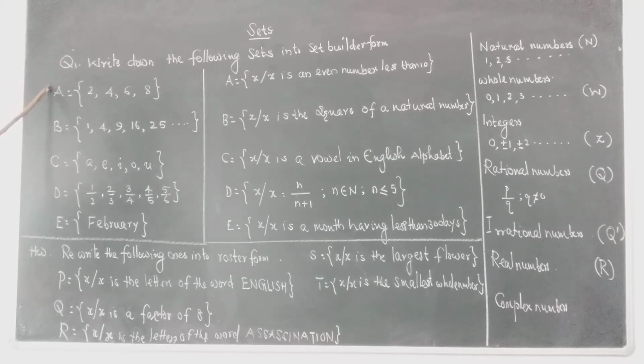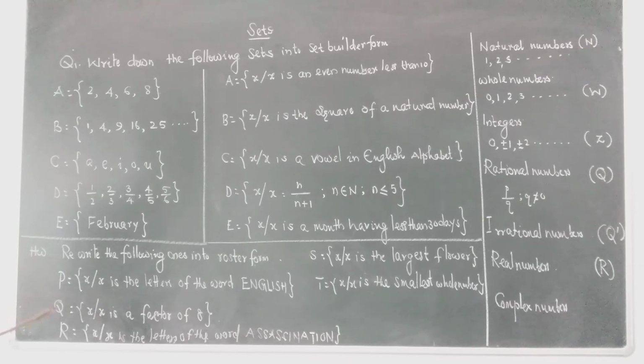The left-hand side is the roster form, which means all the elements are written down one by one. The right-hand side is the corresponding set, expressed using a variable x. So the right-hand side is the set builder form, and the left-hand side is the set in roster form. Eventually, the things are the same, but the fashion is very different.